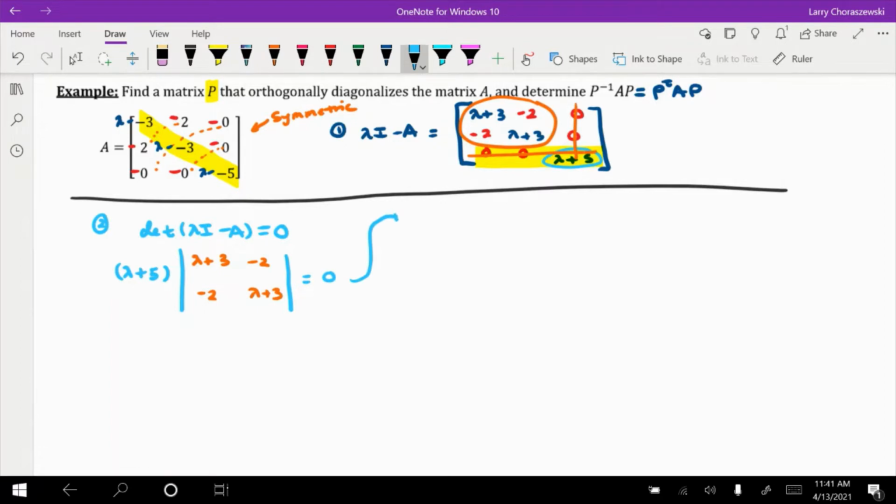And I'm actually going to bring this up here to save on some space. We would be looking at lambda plus 5, and in brackets, crisscross multiplication would give us lambda plus 3 quantity squared minus 4.